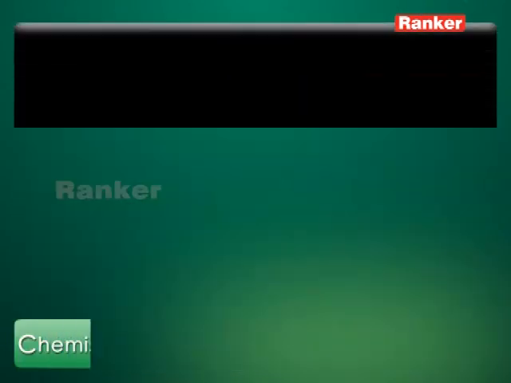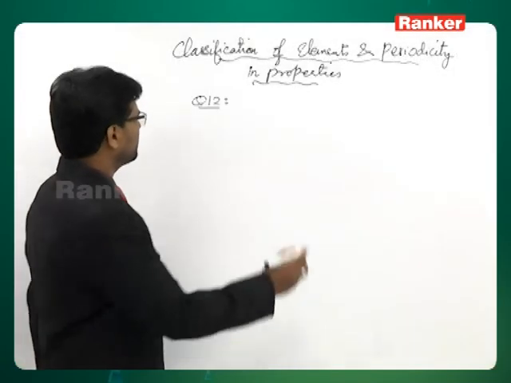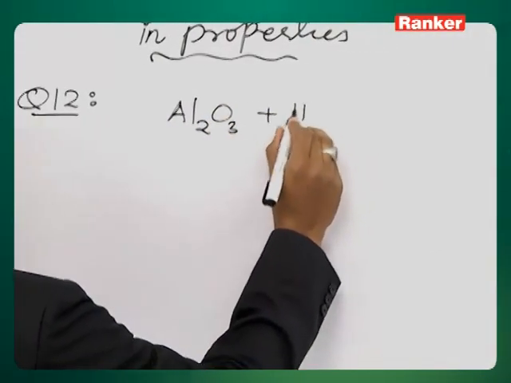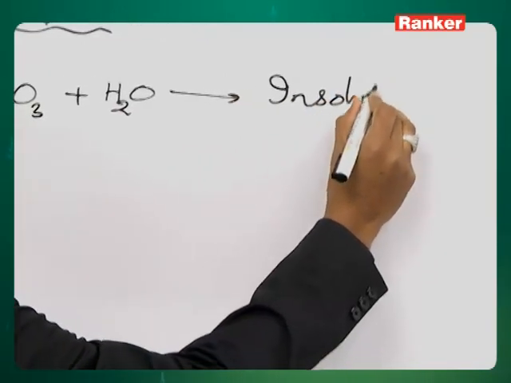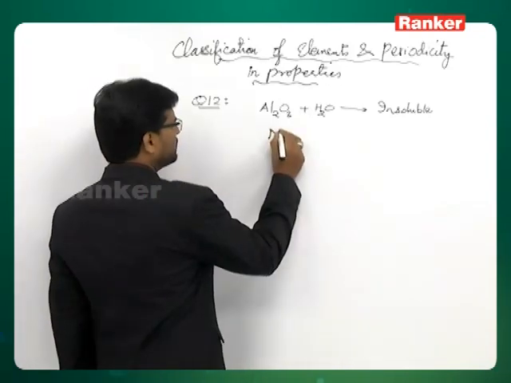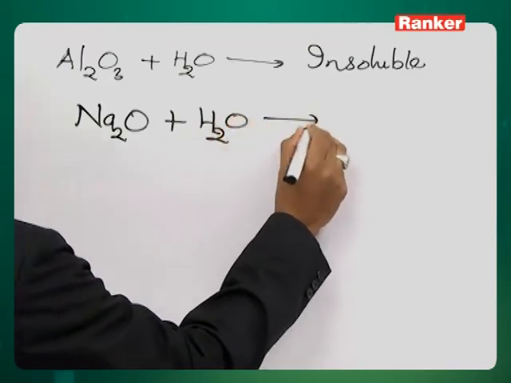Which of the following oxides form a strong base when dissolved in water? See, remember, Al2O3 being an amphoteric oxide is insoluble in water. Na2O dissolves in water and produces NaOH.